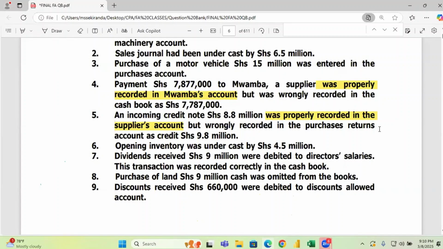So when you receive a credit note, you debit the supplier and credit the purchase returns. Are we together? But they are telling you the supplier's account is correctly posted, therefore don't debit it anymore. The issue is you went and credited the purchase returns with a higher figure, with 9.8 instead of 8.8.